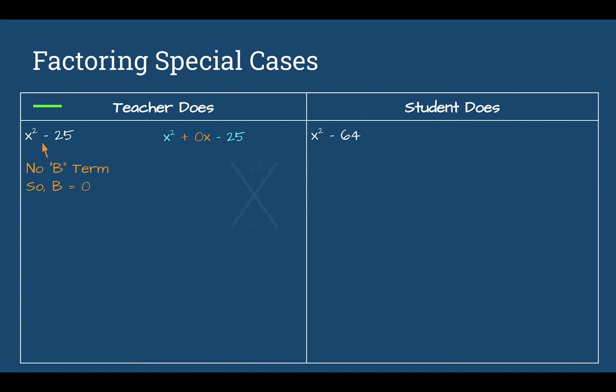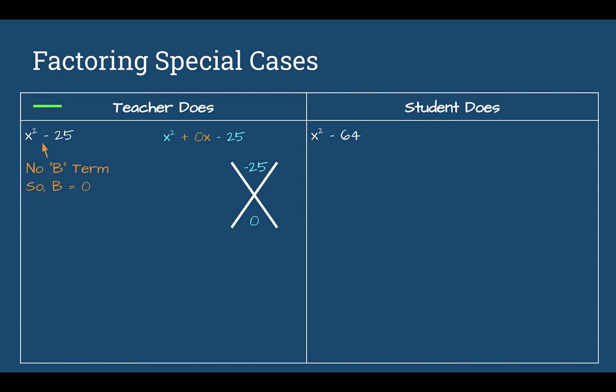What this means in terms of our factors that we need to find, they would multiply to 25 but add to 0. Now, if you're trying to get two numbers that add to 0, that only works when they are exact opposites of each other.